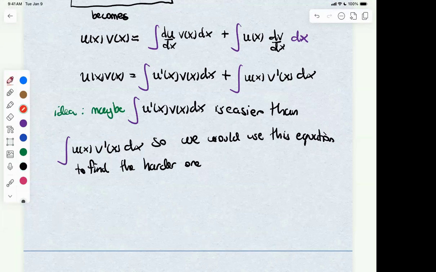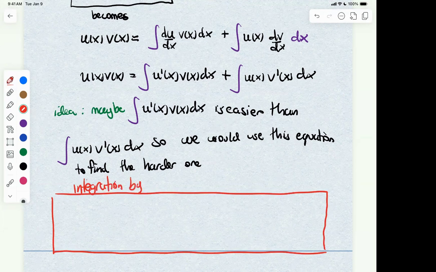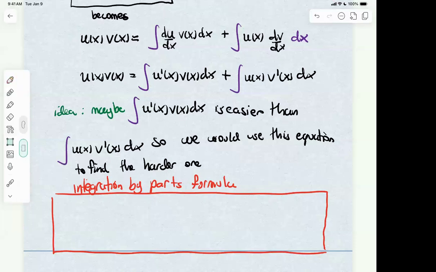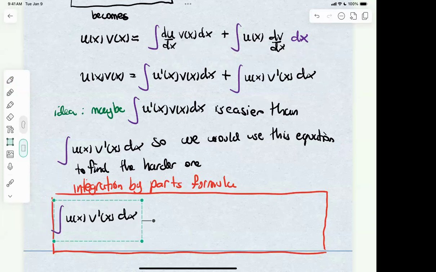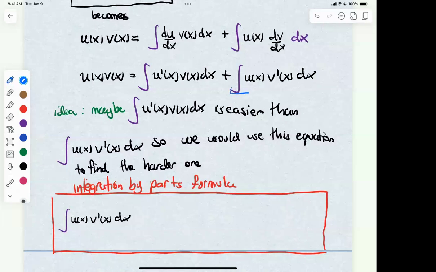All that I said up to this point was more of a motivation. This is how in practice we will use it. We'll think about it as being a formula for the second integral, which I'll call the hard one, and this one is the easy one.